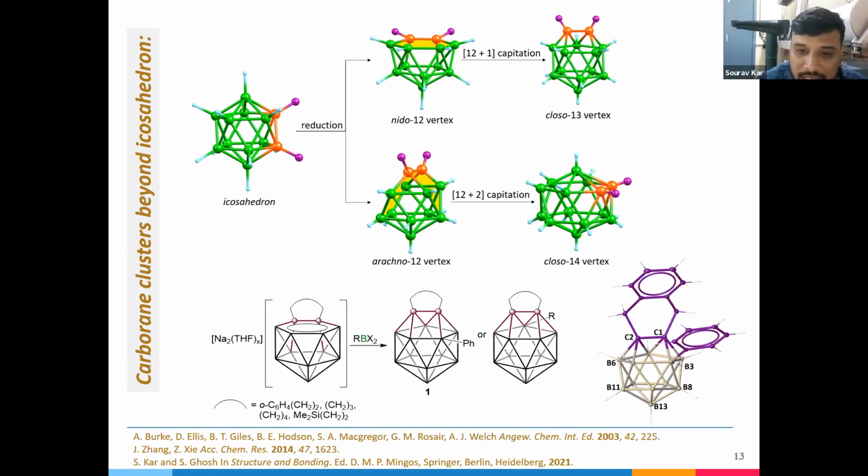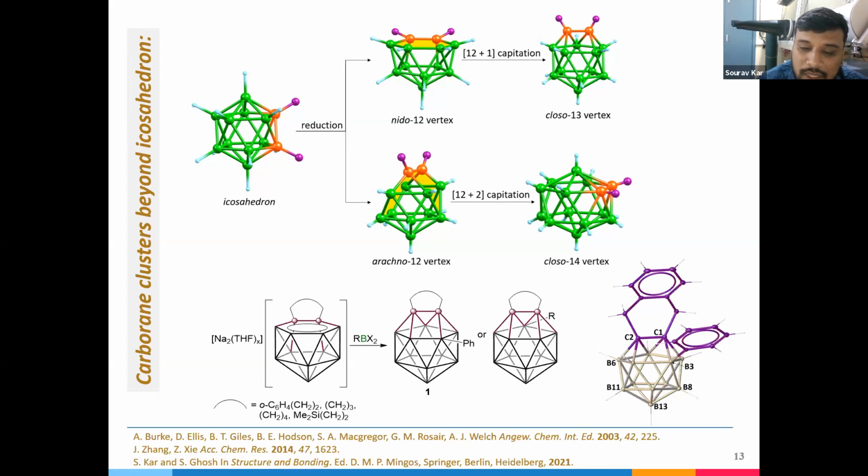If you look at this structure, unlike the docosahedron, this structure has one rhombohedral face, and due to the presence of this rhombohedral face, these 2 vertices become 4 connected vertices, and carbon is easily sitting on these 4 connected vertices, and they were able to isolate for the first time a 13 vertex carborane.